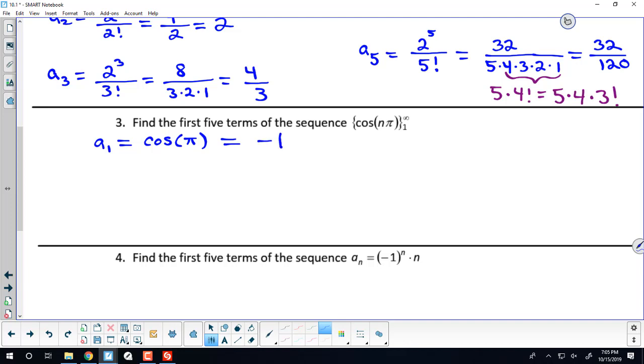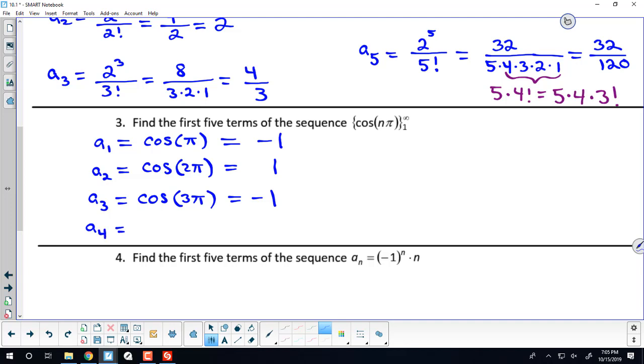A sub 2 is the cosine of 2 pi, which gives us +1. A sub 3, cosine of 3 pi, which would give us -1. A sub 4, cosine 4 pi, which is 1, and then a sub 5, cosine of 5 pi.